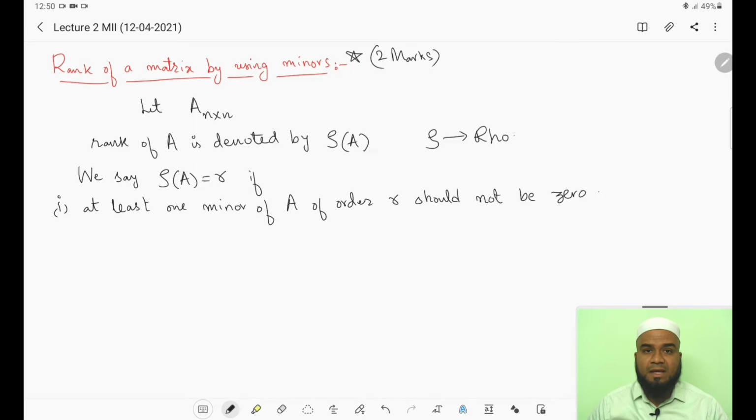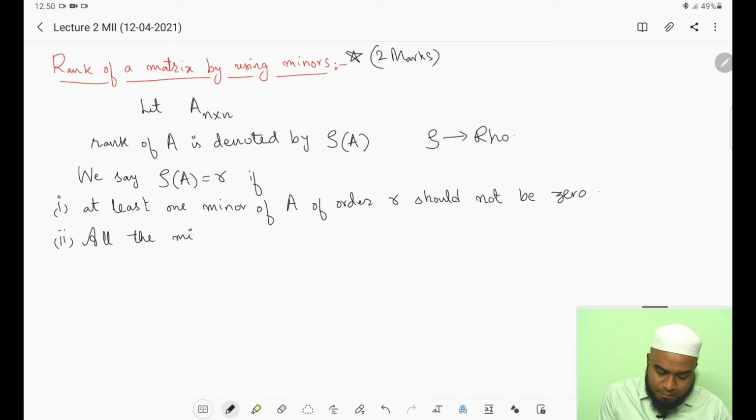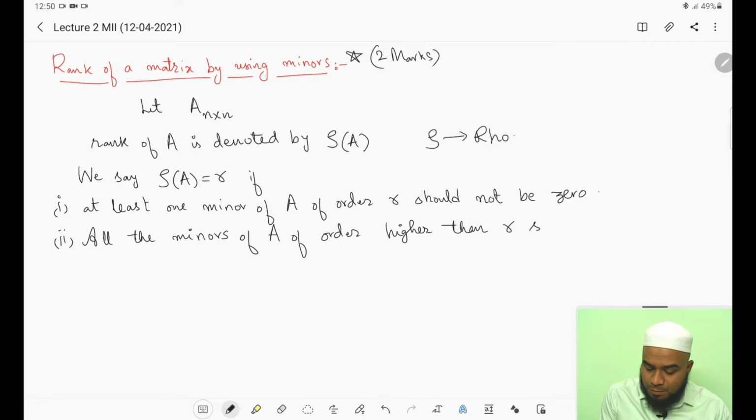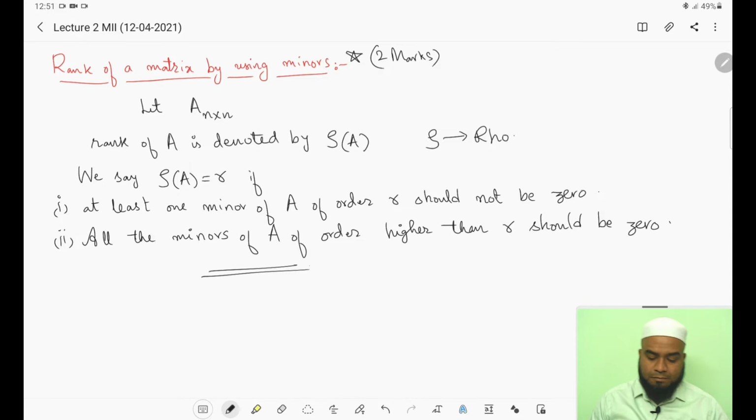The first condition says that at least one minor of A of order r should not be 0. The second one: all the minors of A of order higher than r should be 0. This is the definition.